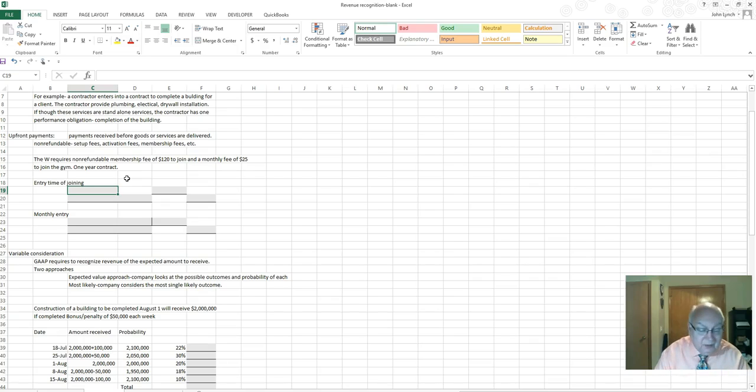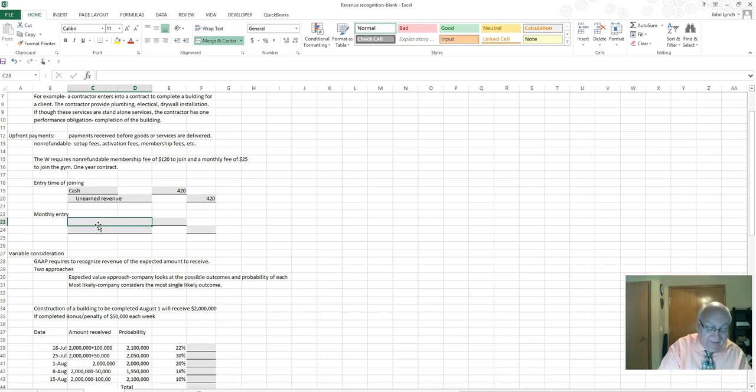So what we have on this one is cash, equal to the 120 plus the 25 times the 12, or $420. I'm assuming they pay it off up front. And then you have unearned revenue because they haven't done anything yet to earn it, and that will be for $420.